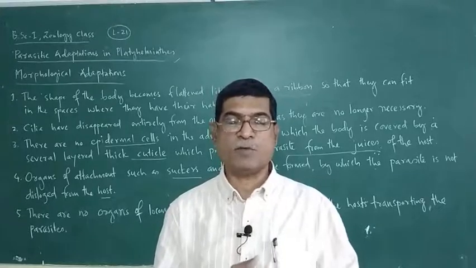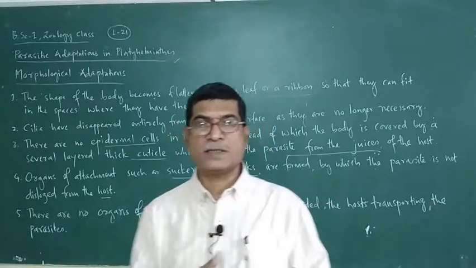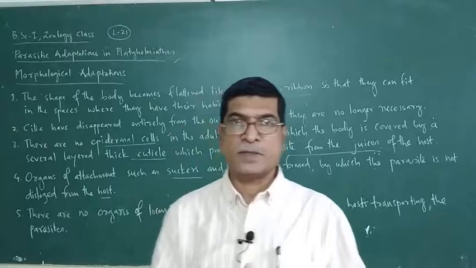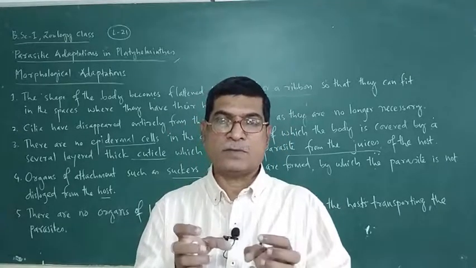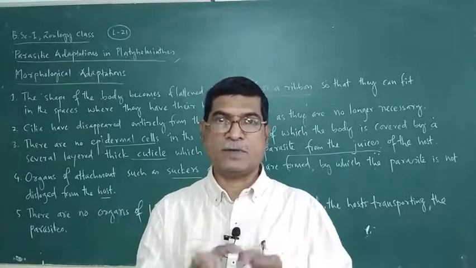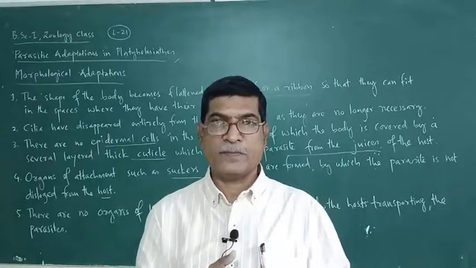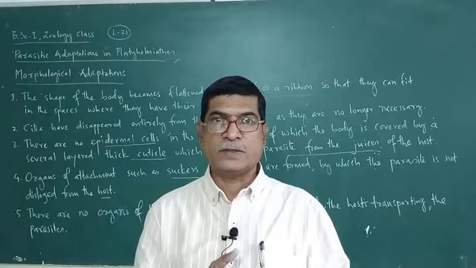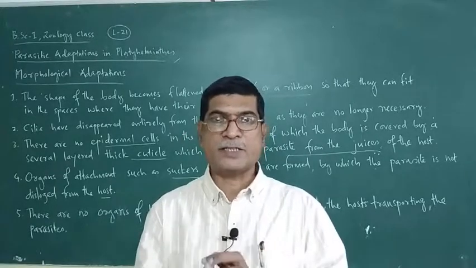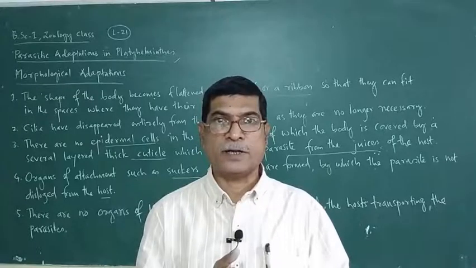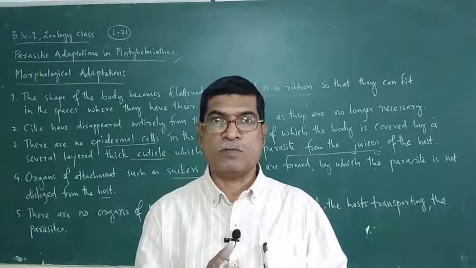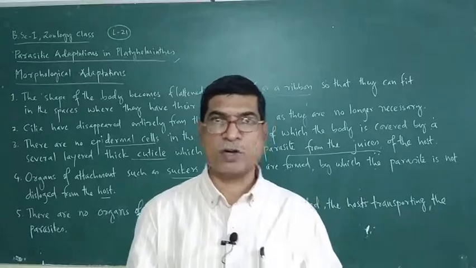Whereas in case of tapeworm, both hooks as well as suckers are present. So these are being used to have sufficient grip with that of the host body. Okay? So these additional structures they have developed in order to live comfortably inside the host body.